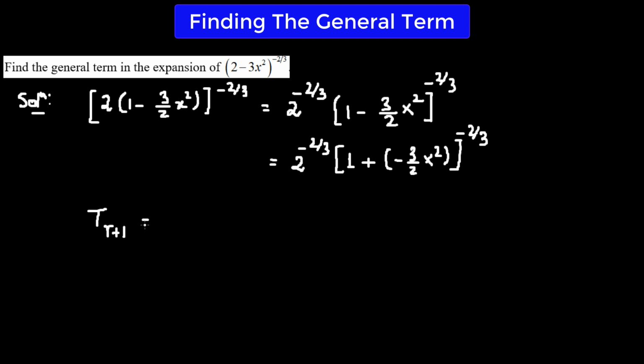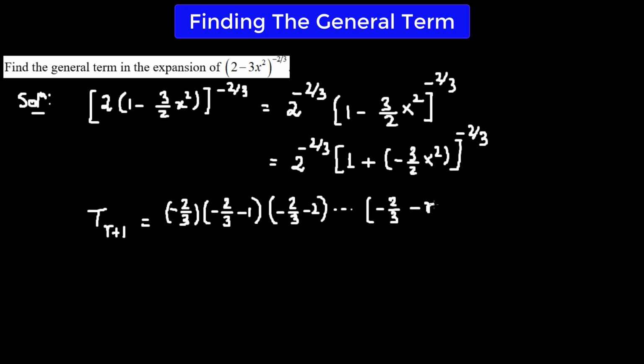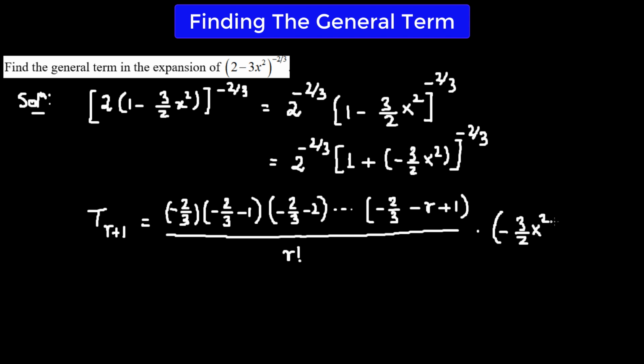So t r plus 1 is equal to n, which is negative 2 over 3, times negative 2 over 3 minus 1, times negative 2 over 3 minus 2, all the way up to negative 2 over 3 minus r plus 1 divided by r factorial times x raised to the power of n, and our x here is negative 3 over 2 x squared raised to the power of r.